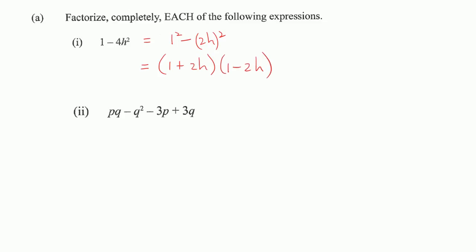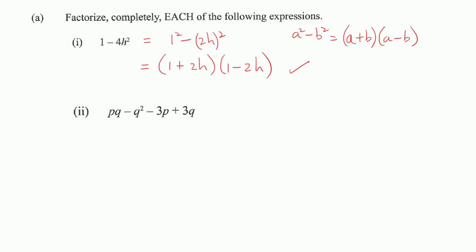Just remember, a squared minus b squared can be written as (a plus b) into (a minus b). So the 1 minus 4h squared, I've written it as a difference of two squares, which is 1 squared minus (2h) in brackets all squared. So this is the answer for A part 1.